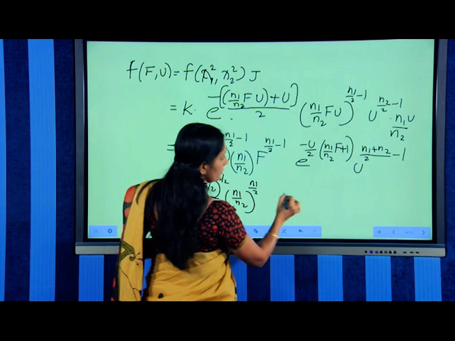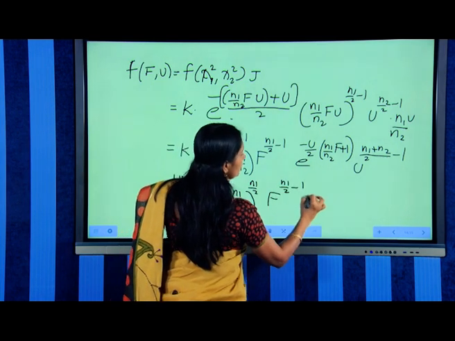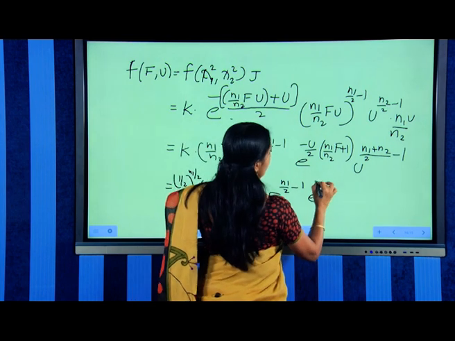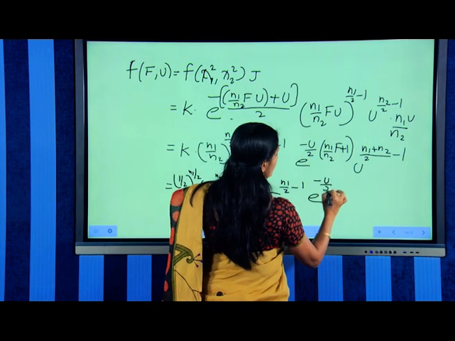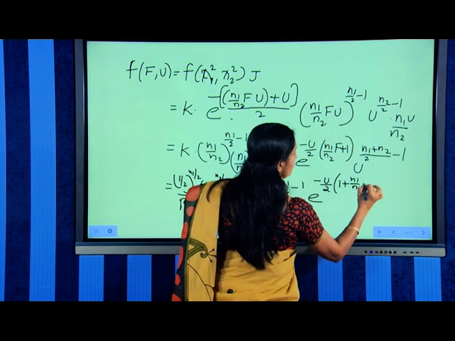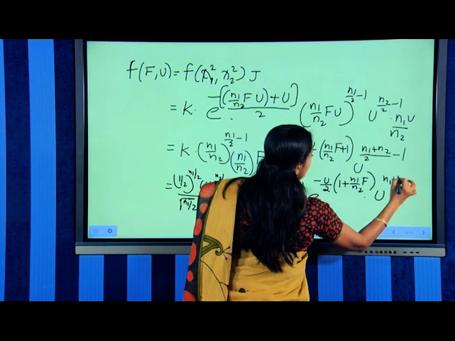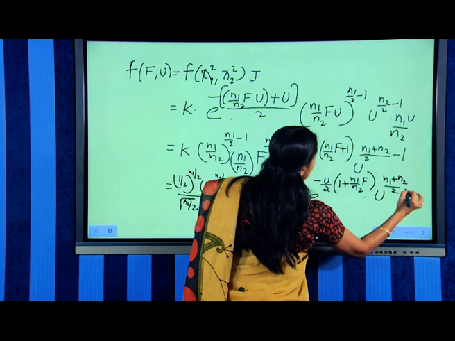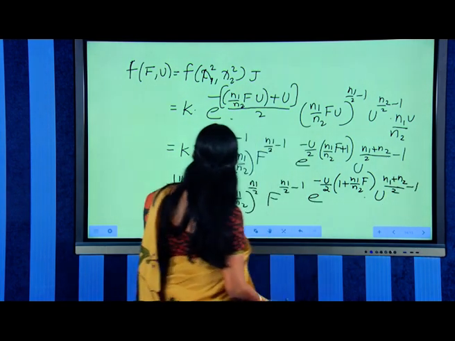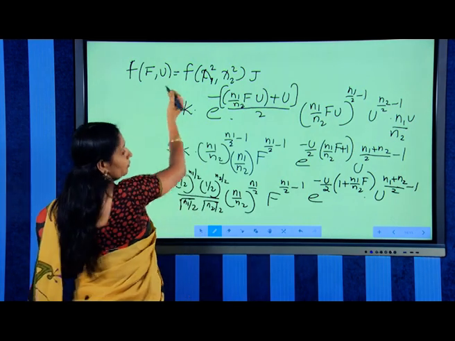Then this is f raised to n1 by 2 minus 1 e raised to minus u by 2 into 1 plus n1 by n2 f into u raised to n1 plus n2 by 2 minus 1. This is the joint density of f comma u.